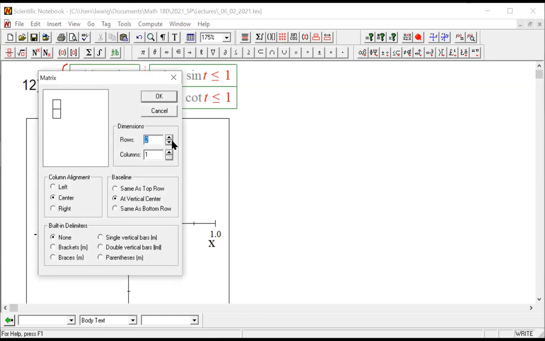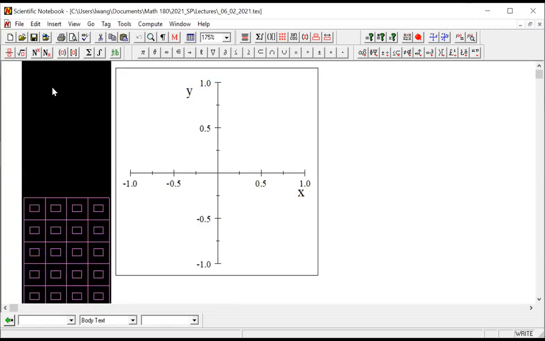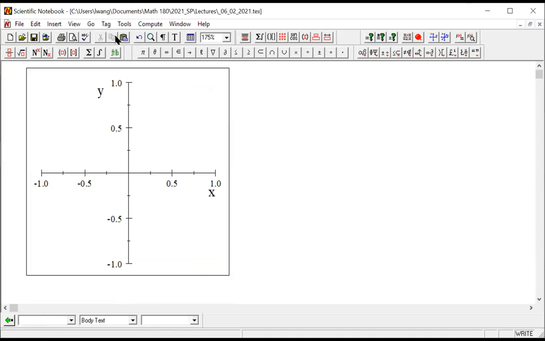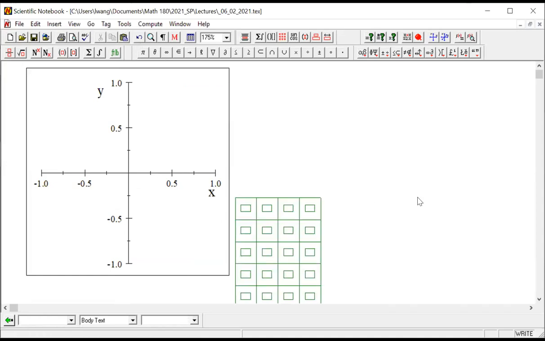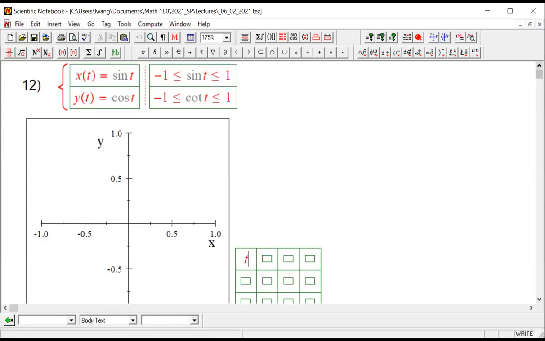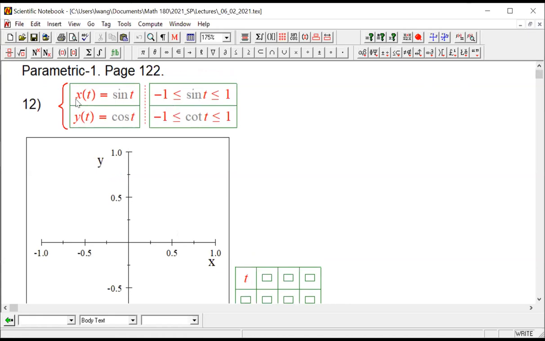So I'm going to make a number of rows, a number of columns. That should be enough. I'll put it on this side. Okay, so I'm going to give you some values of t, and you're going to do the calculation.